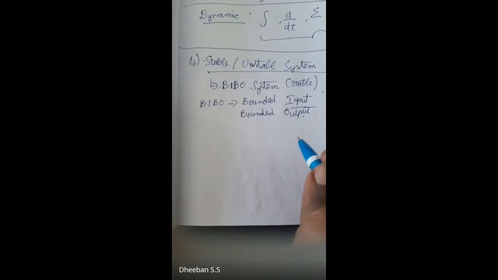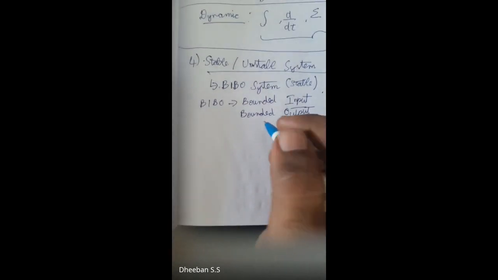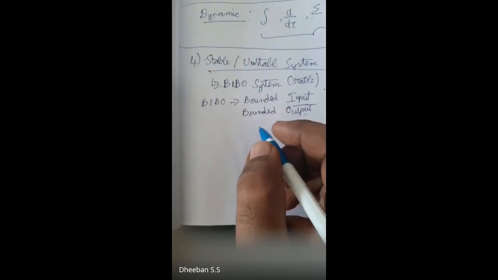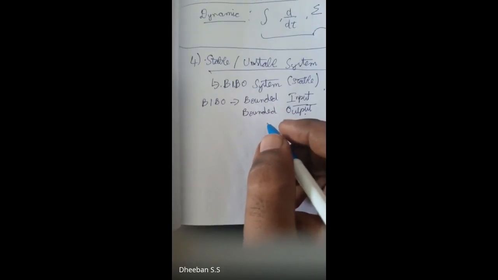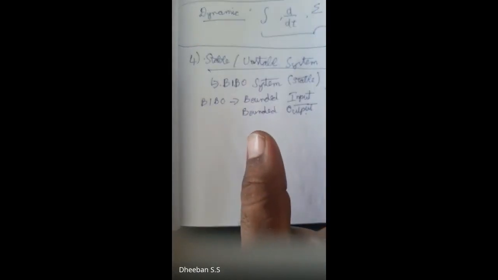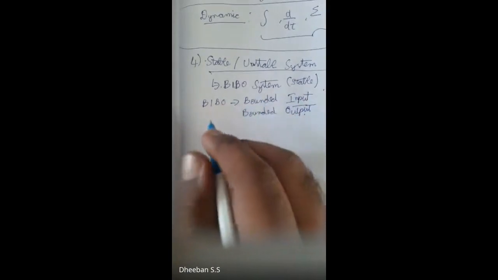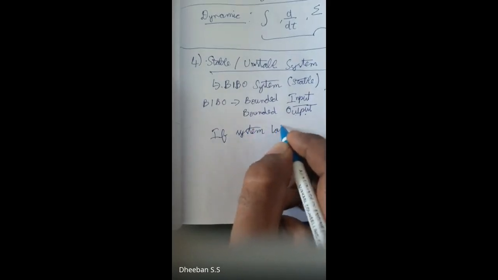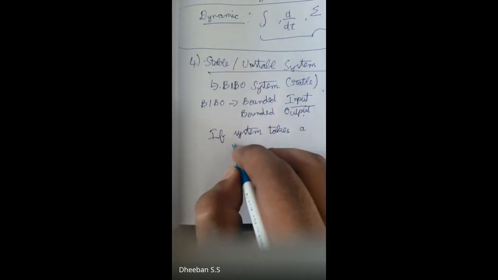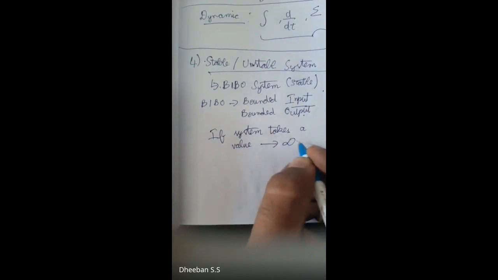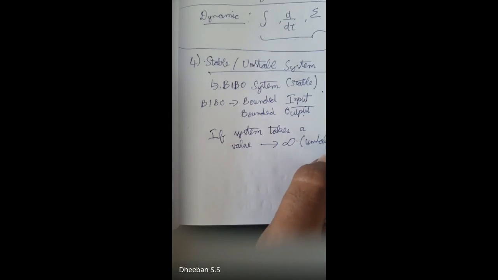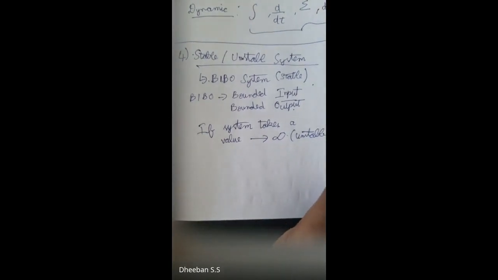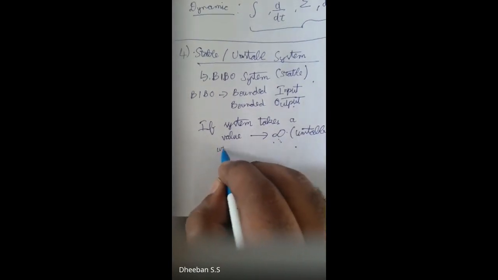Now, for a given equation, if it is in a particular range, for example, if the system takes the value of infinity within a range, then it is an unstable system. That is important.